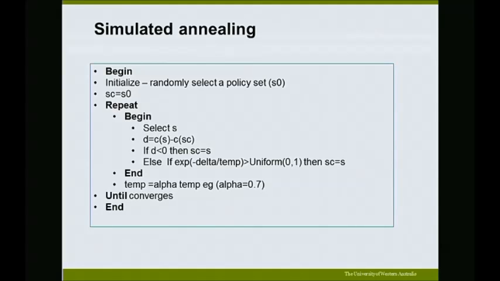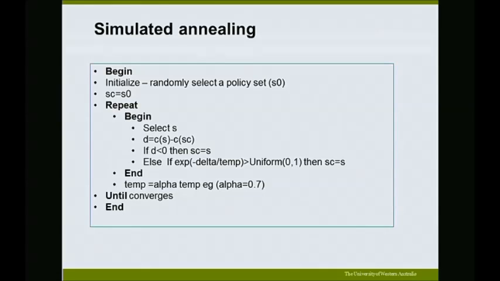And then we use simulated annealing to basically just run through sets of policies to see which one gives us the best solution. So it's essentially a random search, and if a policy gives a lower cost, then it's accepted.